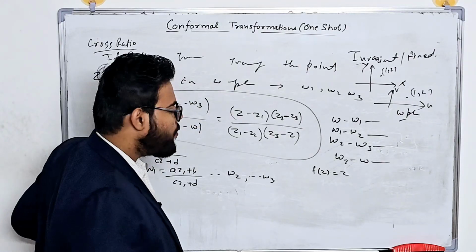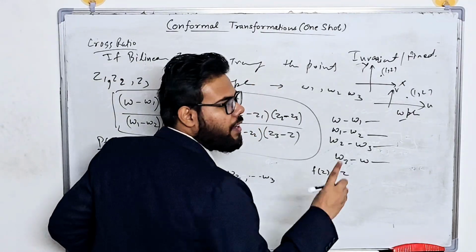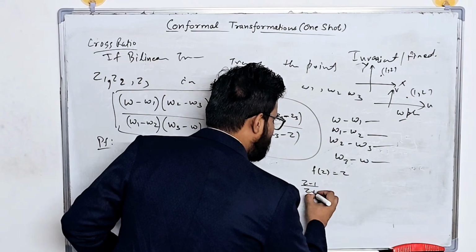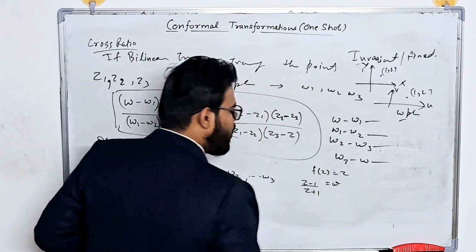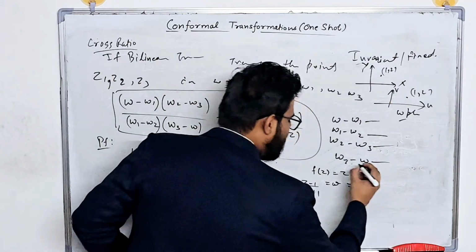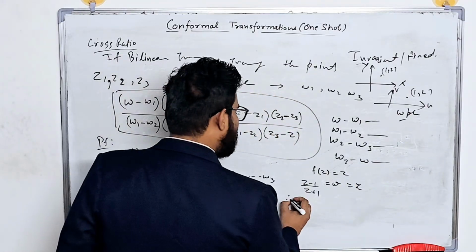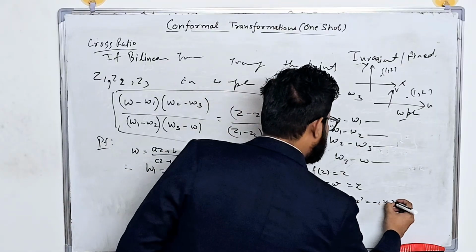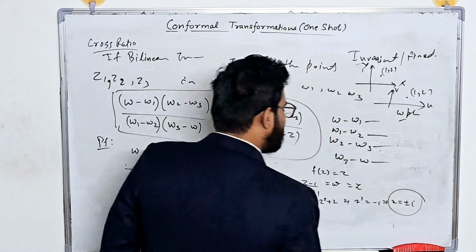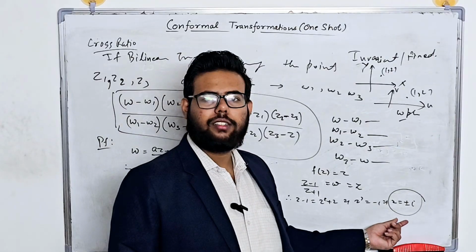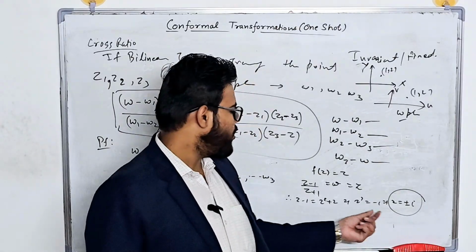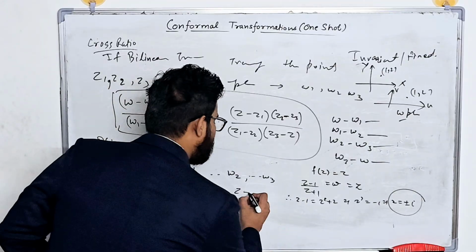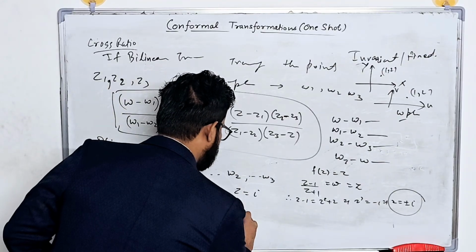For those points. Okay. So for example, if we have to find the invariant points of the transformation w equals (z minus 1) divided by (z plus 1), then what we do is set it equal to z itself, right? So when you set it equal to z, you get z minus 1 is equal to z square plus z. So we have z square is equal to -1 and z is equal to plus minus i. So these are the invariant points. If you substitute z is equal to i back over here, you have (i minus 1) divided by (i plus 1).